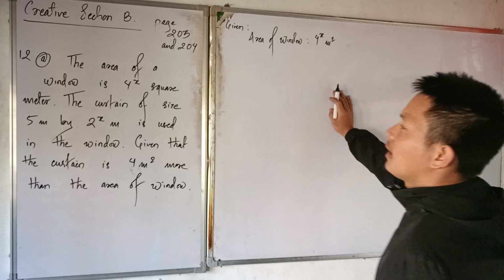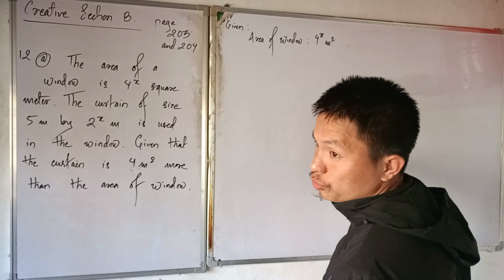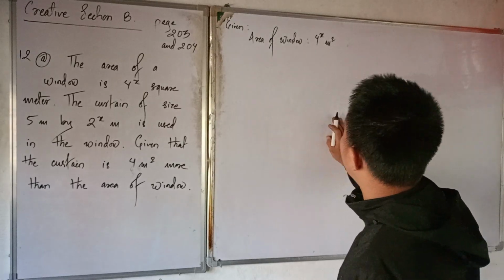And a curtain of size 5 meter by 2 meter is used in the window. So to cover that window, we have a curtain.